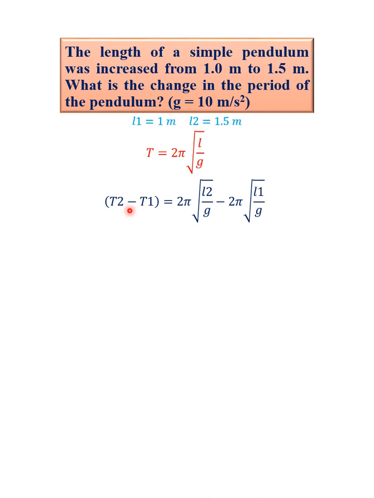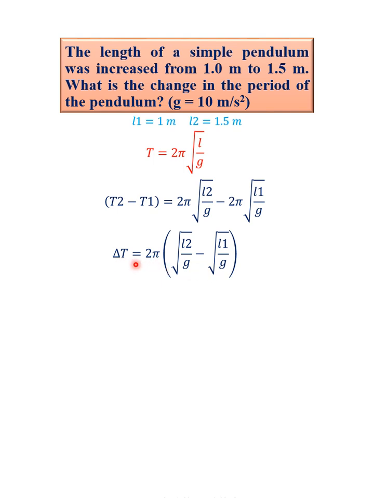The symbol for change is delta, so we can represent T2 minus T1 as delta T, the change in the period. 2 pi is common to both terms. So if we factorize 2 pi out, we have 2 pi multiplying the bracket: square root of L2 over g, minus square root of L1 over g. That will give us the change in the period.